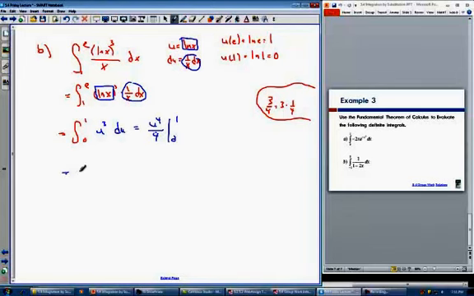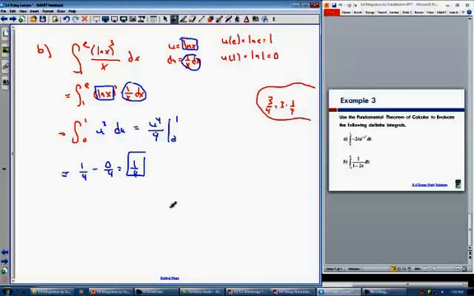So I plug in my limits of integration. I plug in 1, so I get 1/4, minus when I plug in 0, which is 0 over 4, so that's just equal to 1/4. So 1 over 4 is my answer for part B.